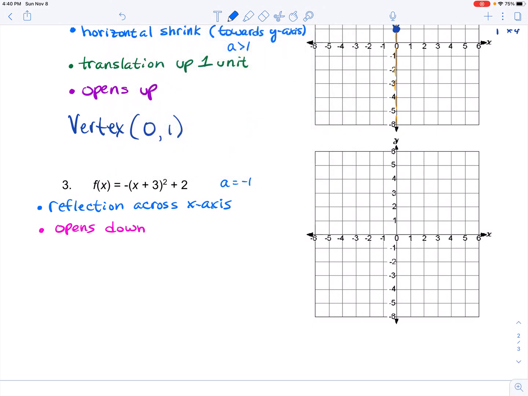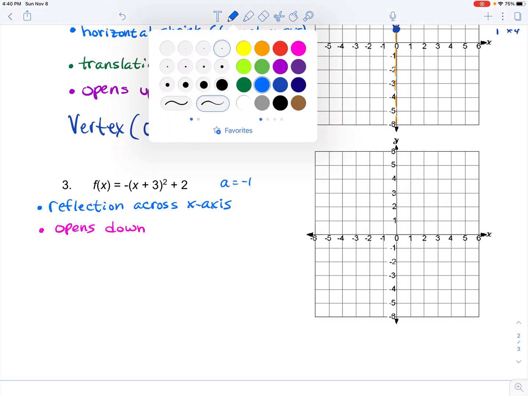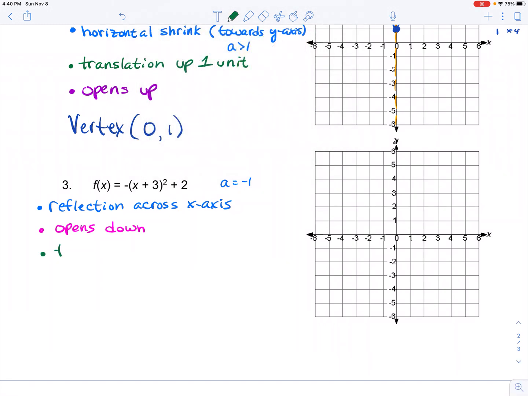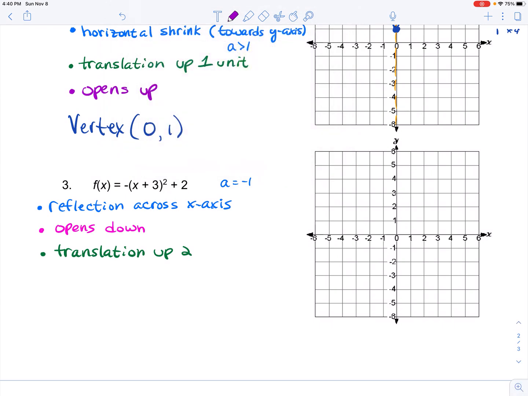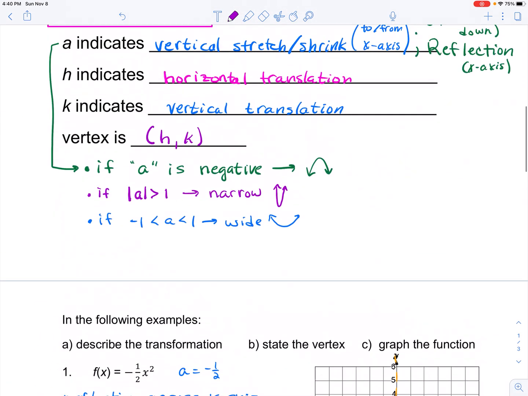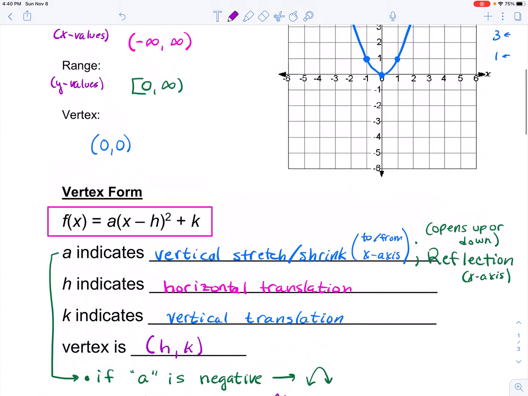We have a translation because of the plus 2, so we're moving it up 2 units. And because there's a plus 3 inside, now remember, let me jump back to the original equation. Vertex form is x minus h.